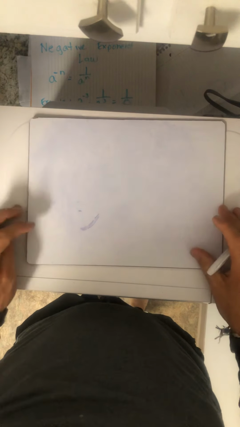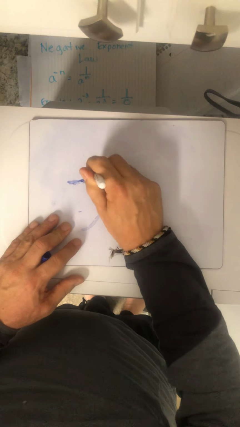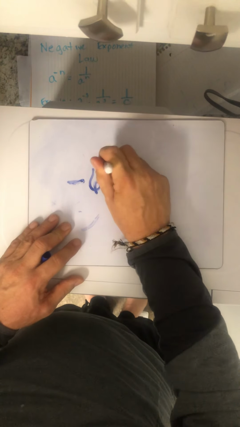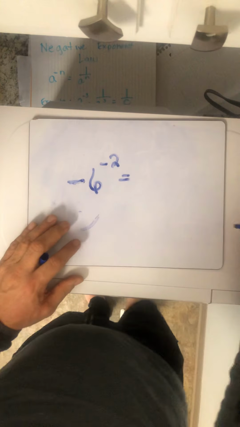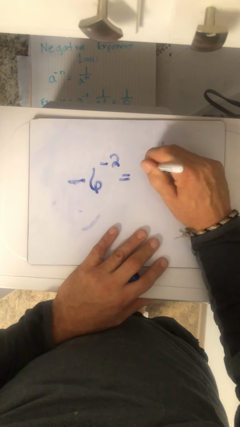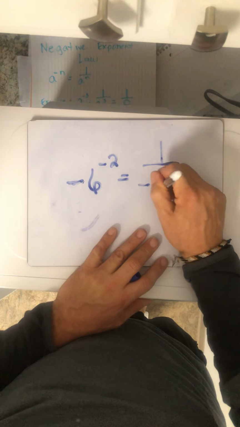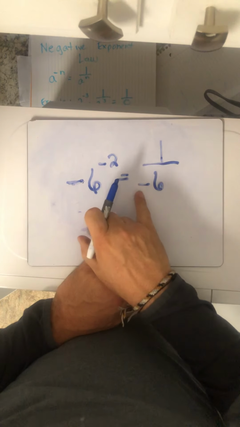What about, and this is where people get confused, what if I give you negative 6 to the negative second power? The rules don't change, and remember, it's very important that the only thing we're changing is the exponent; we're keeping the base the same. The base stays negative.